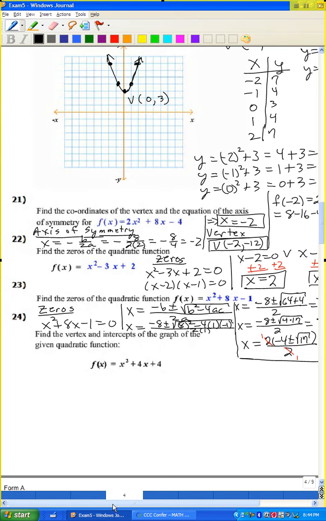Find the vertex and intercepts. Okay, so let's do that. So let's find the vertex. So let's first look for the axis of symmetry.